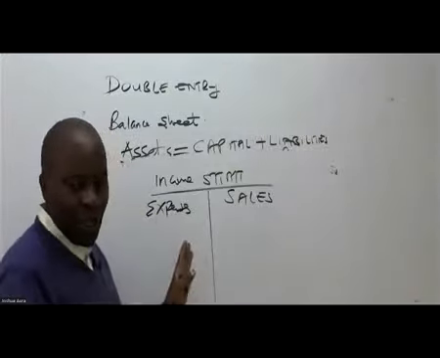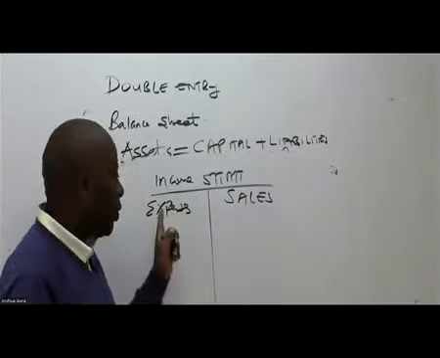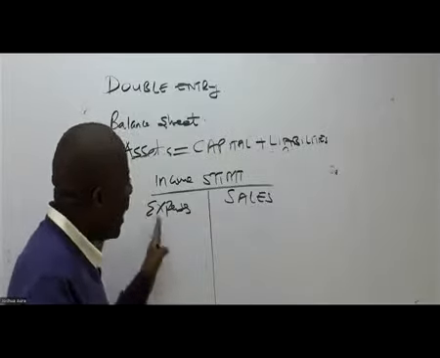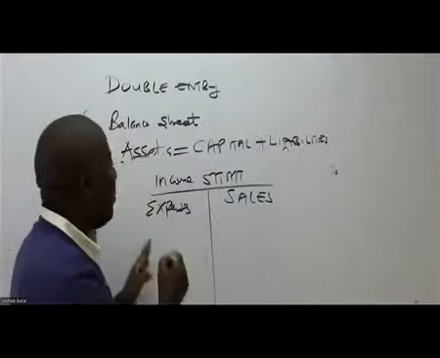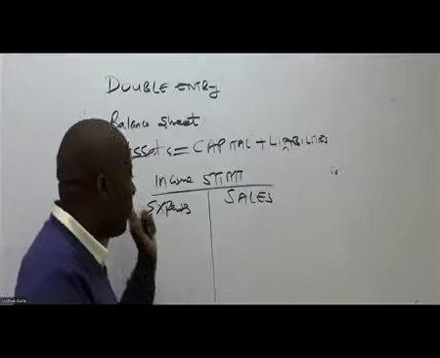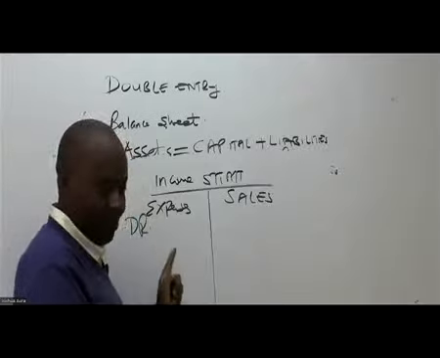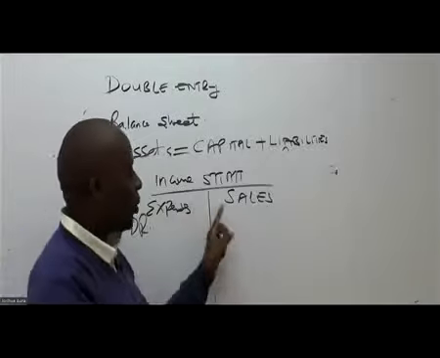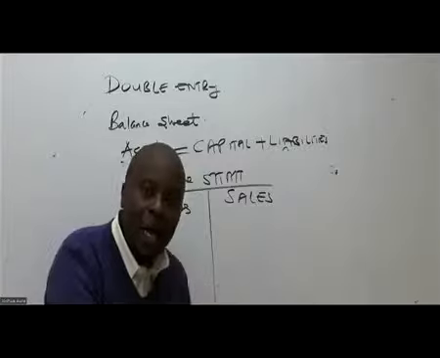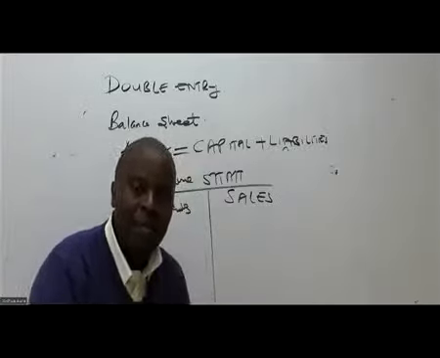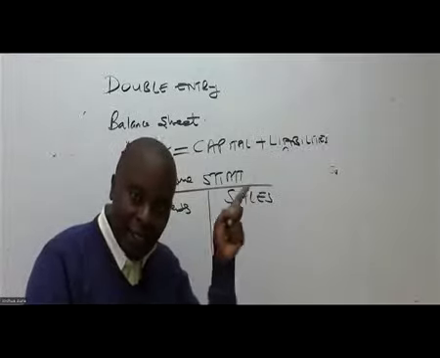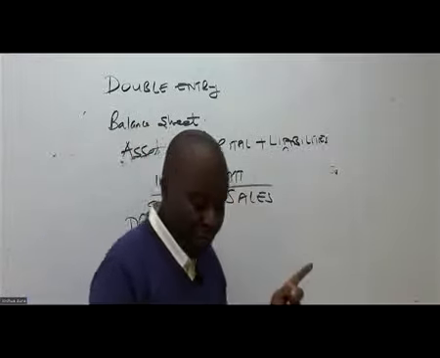Whenever we incur expenses, whenever expenses increase, we shall be debiting them. How about sales? You can see them on the credit side of the income statement, together with the other incomes. Whenever they come to the company, like this sales money, we shall be crediting their accounts.